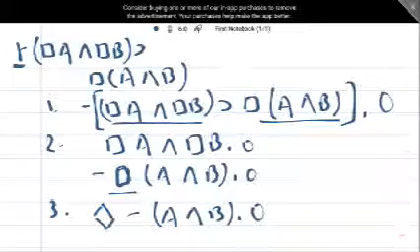Till now we had this problem: square A and square B implies square A and B. We have to negate the whole statement after this symbol, this one. So in step 1 we have just negated the whole statement and we have written world 0, because if nothing is given you have to assume it's happening in world 0. In step 2, because of this negation we get these values.